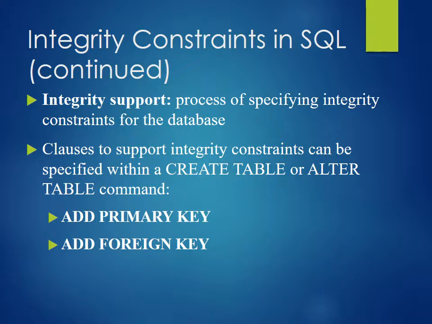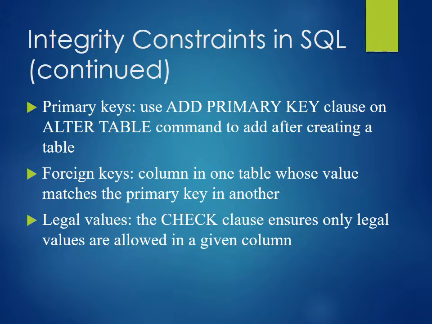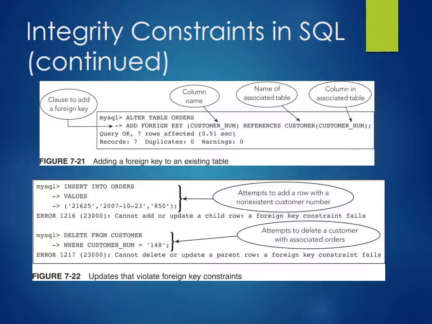The clauses to support integrity constraints are in the create table and alter commands. With primary keys, you can use the add primary key clause in the alter table command, and also foreign keys. The check clause also ensures only legal values are allowed in a given column. So it's something else you might look into.